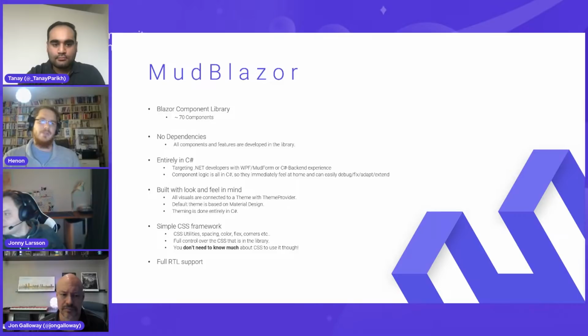I saw that many Blazor libraries just use off-the-shelf JavaScript components and wrap them, and then when you have to go in and debug and fix bugs, that's a huge problem for a C# developer. So what we wanted was a library that is entirely in C#. We couldn't do it 100%, but it's 99% C# and only some special things are in JavaScript.